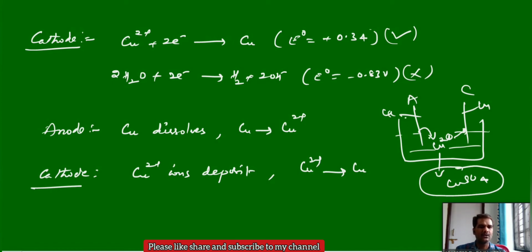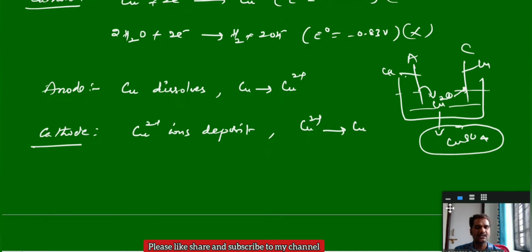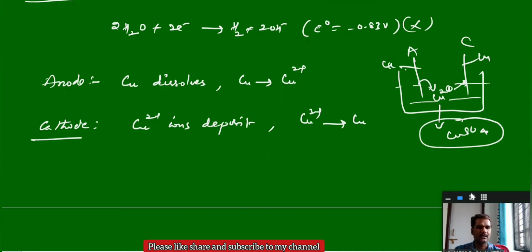Only the anode will dissolve and that deposits at the cathode. So the mass of the anode will decrease and the mass of the cathode will increase, but there is no change in the concentration of the copper sulfate solution. In the previous case the concentration changed, but here it doesn't. Mostly this type of technique is used in the purification of copper, an electrometallurgy technique.